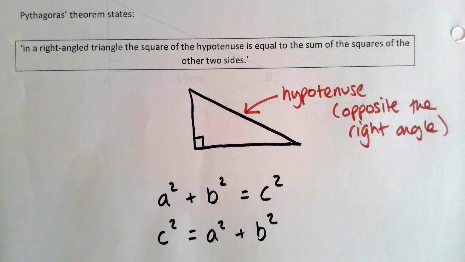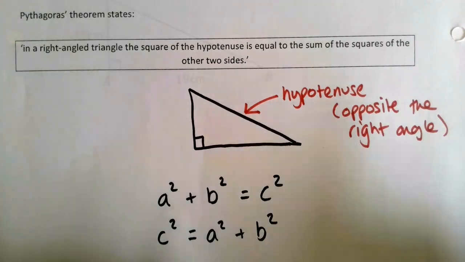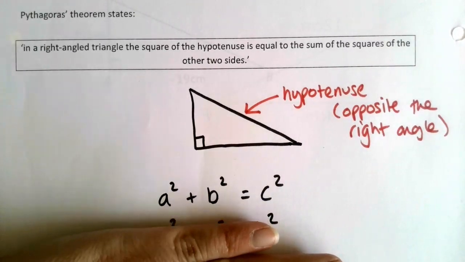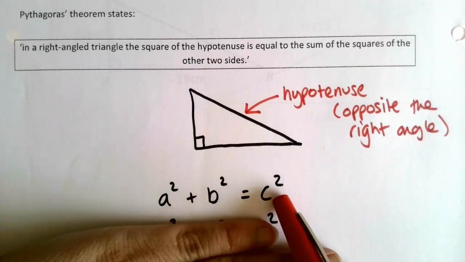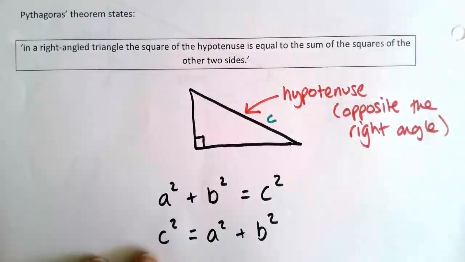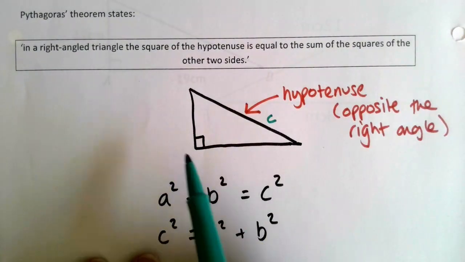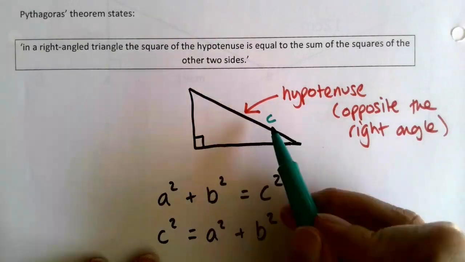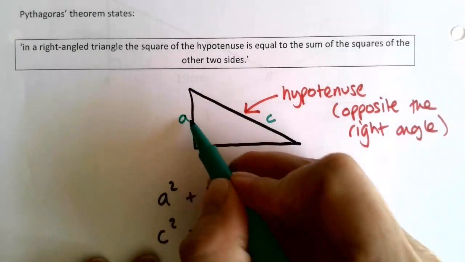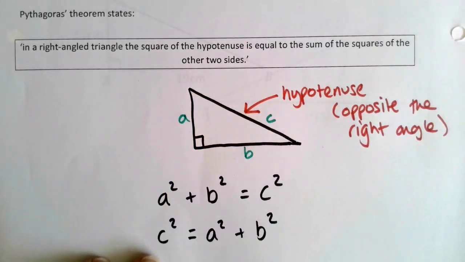Now, from this here, so we'll cover this one for now, they're both the same thing, but from this here, the one that's on its own, the C, that is the hypotenuse. So let me just label that one. So this is C. A and B, it doesn't matter which way around we label them, but the hypotenuse is always C. And then A and B are the other two sides.